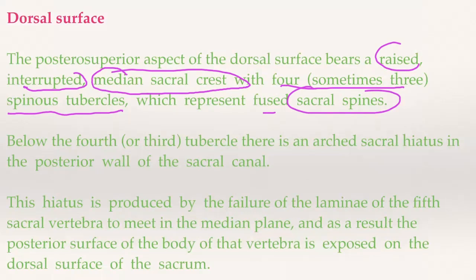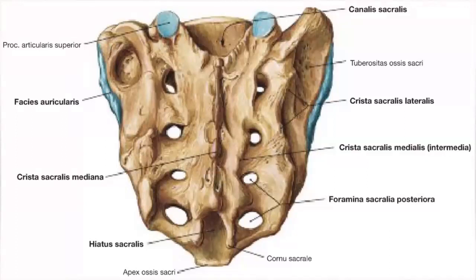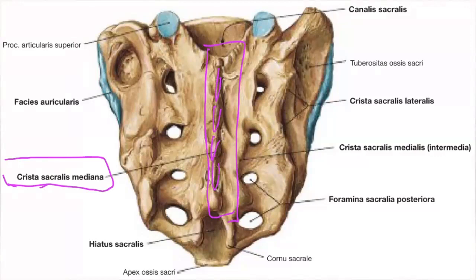So there is the median crest, crista sacralis mediana. These are the tubercles which are spines. This is called the medial crest, and this one is called the lateral crest.